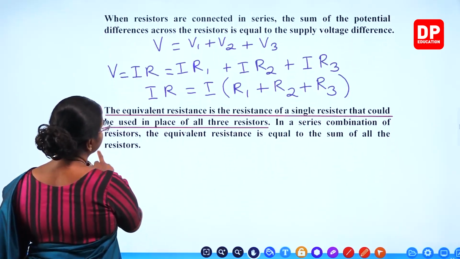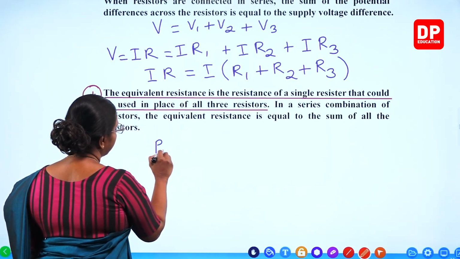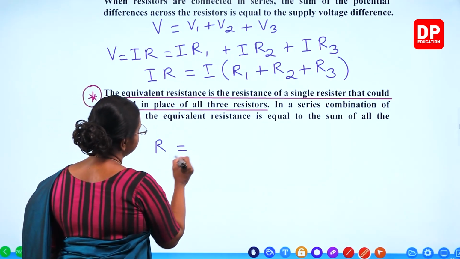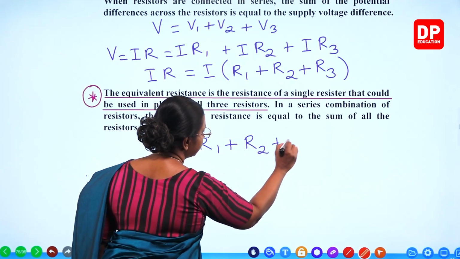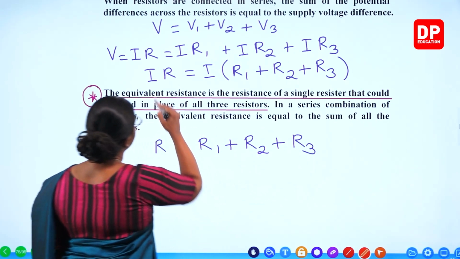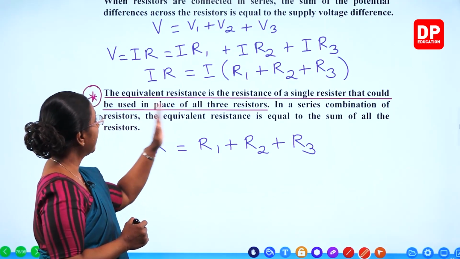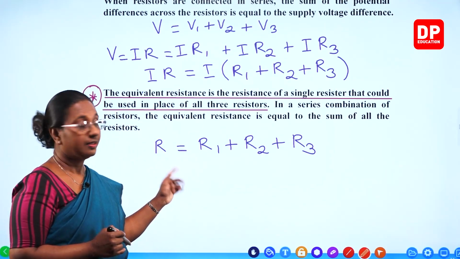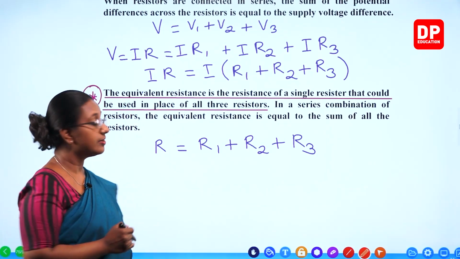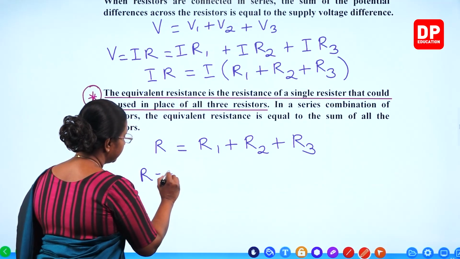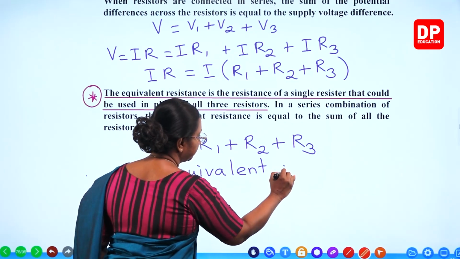From this equation, you can get the relationship R is equal to R1 plus R2 plus R3. Why? You can cancel off the I on either side. So this R is what we call the equivalent resistance.